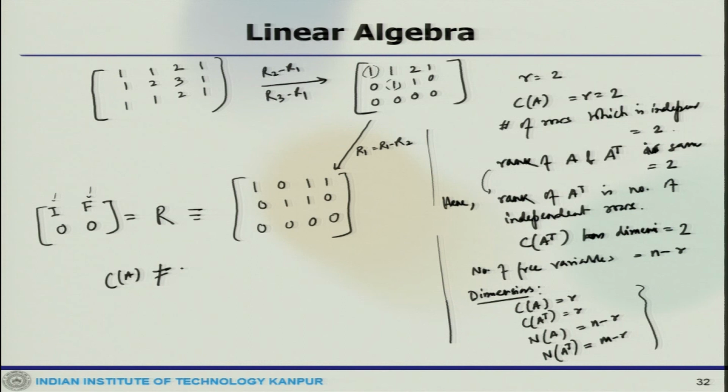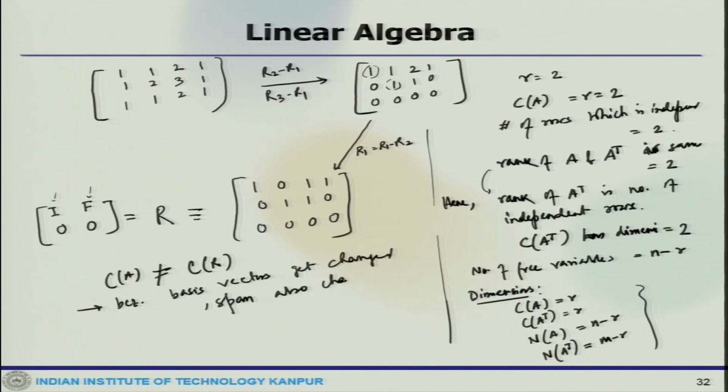Because the basis vectors get changed, hence the span also changes. So, this is quite important to note.